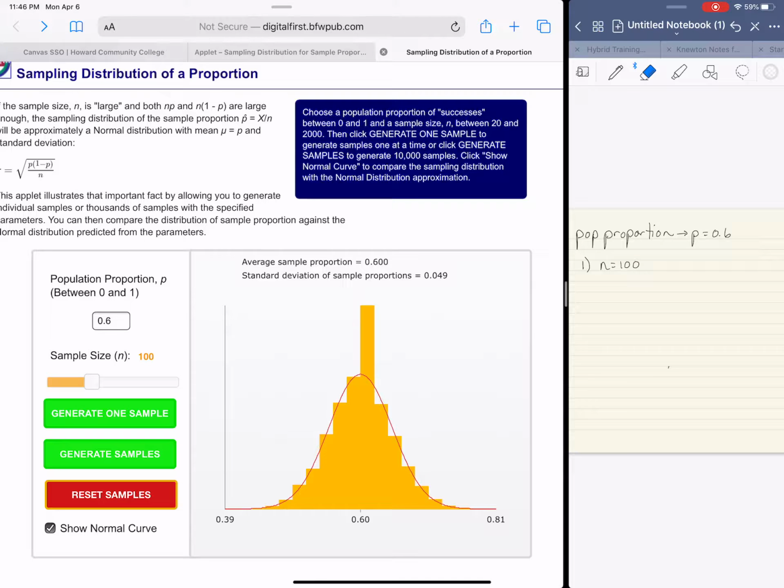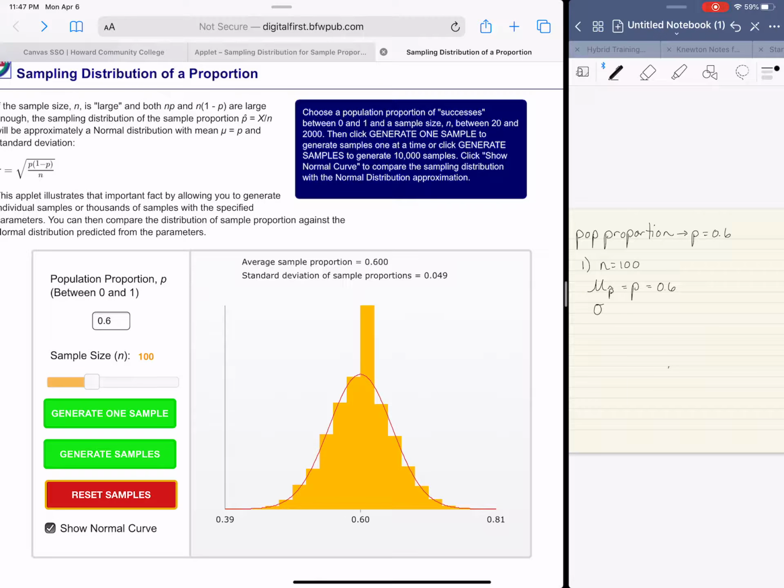So I'm going to use some notation here. The average of the sampling distribution of sample proportions is going to equal the population proportion, which is equal to 0.6. Now what about the standard deviation? So notice that in this case, the standard deviation was 0.049.